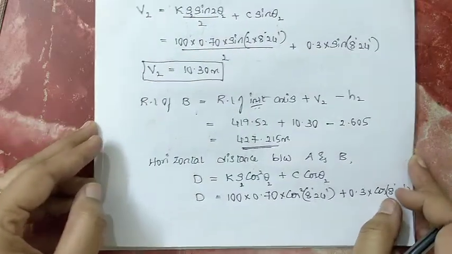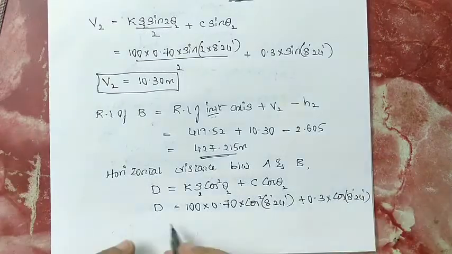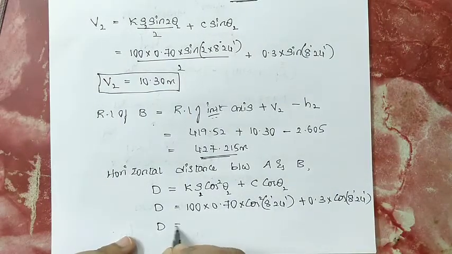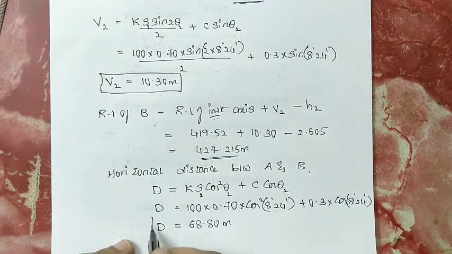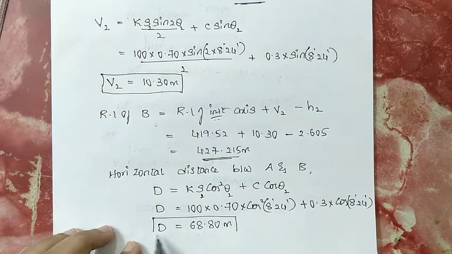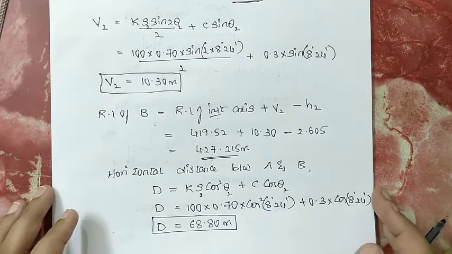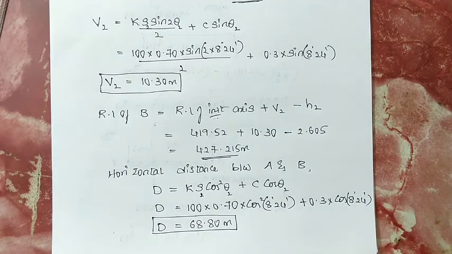Upon simplification, you will get the distance value as 68.80 meter. This is the horizontal distance between A and B. Thank you.